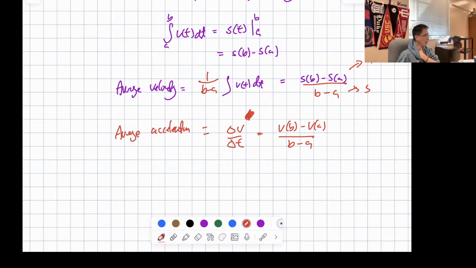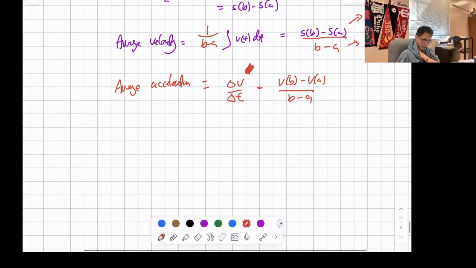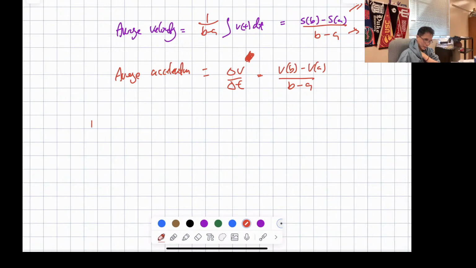Now let's talk about one of the things in here. Can you tell me what's the difference between distance or total distance versus displacement? Right? Can you tell me the difference between total distance and displacement?